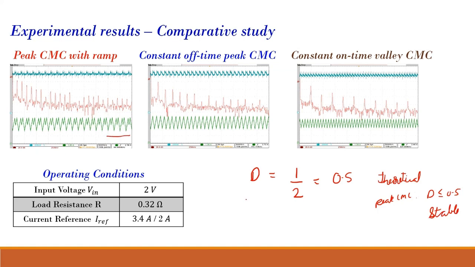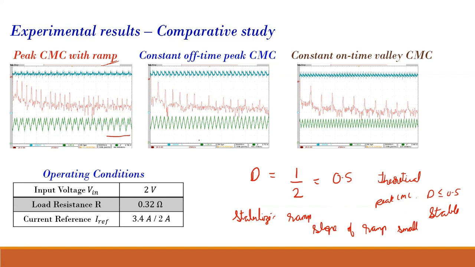To stabilize it, I need to add a ramp. So a ramp has been added, but the slope of the ramp added was small, not that large. Due to that, even though the ramp was added, it is unstable.